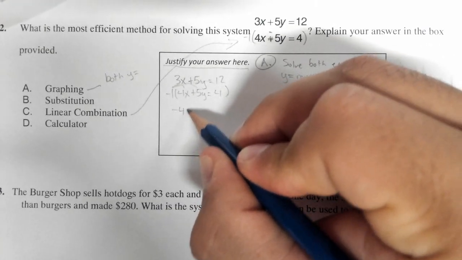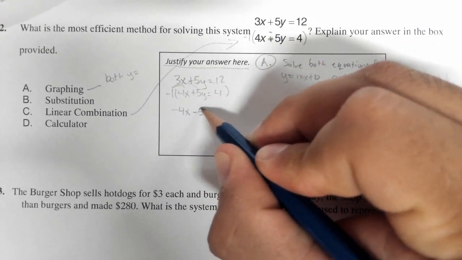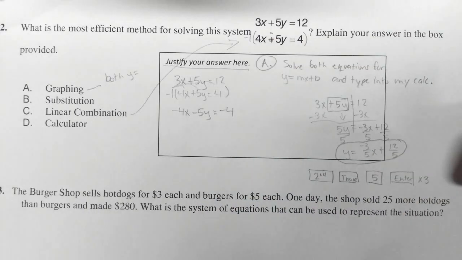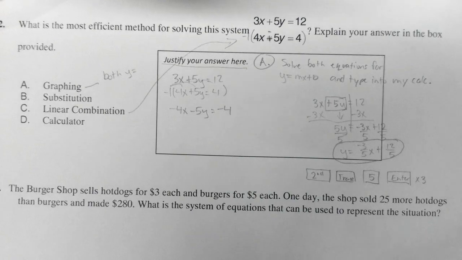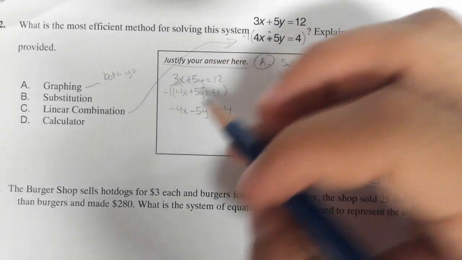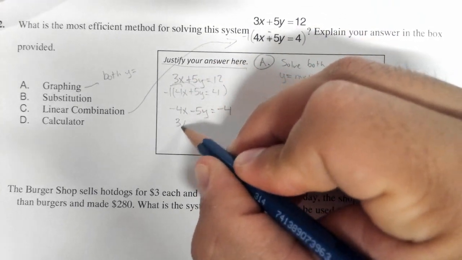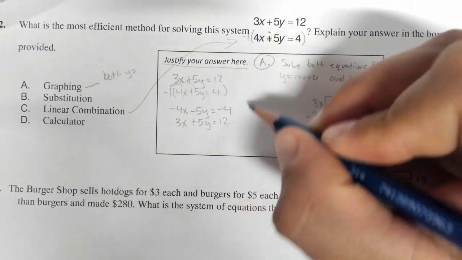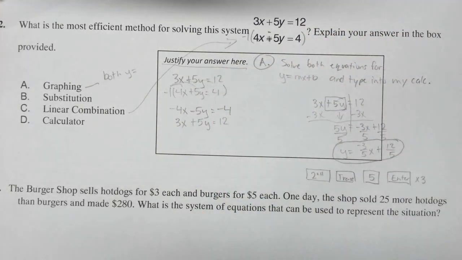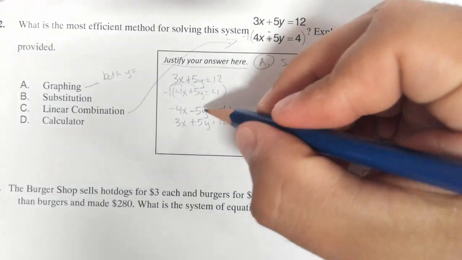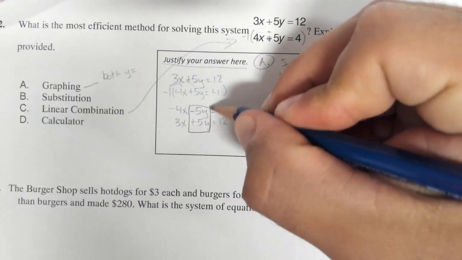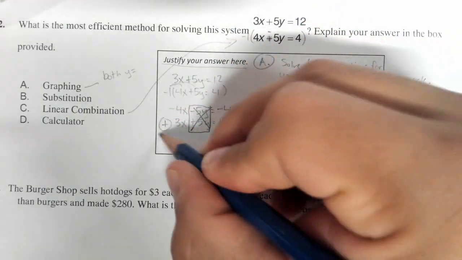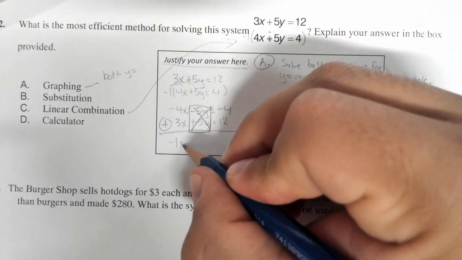That's going to be -4x minus 5y, and then minus 4. Right? If I multiply all of these by -1, all it does is change the sign. I'm going to go ahead and rewrite the top one just on the bottom just so we can see it a little better. That's the equation that I didn't rewrite. And so now I can show my first step of elimination, which is, hey, those two line up. That cancels out. I can then add these together.